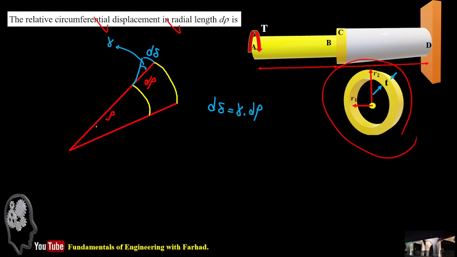If you consider the internal radius rho, and then change to rho plus d rho, the circumferential displacement, if you call it an arc like d delta, and this angle is our gamma, which is calculated in previous steps. If you have an arc, this is r, this is theta, the arc is r theta. By the same concept, d delta is d rho times gamma.